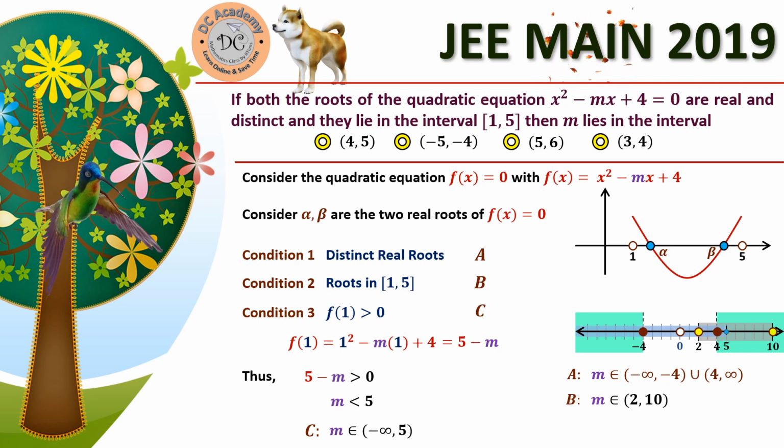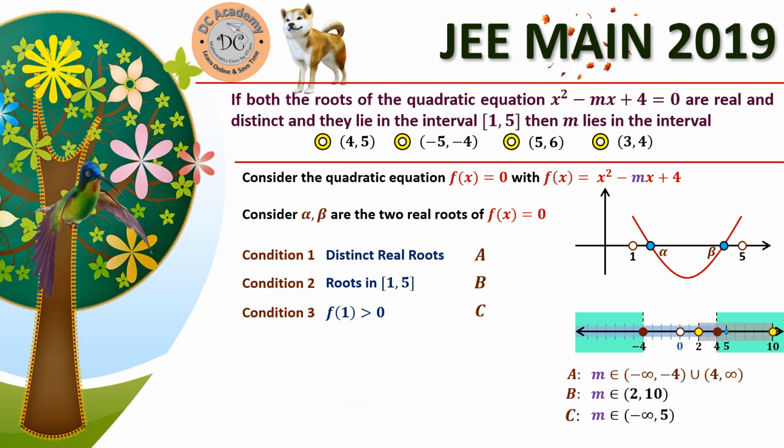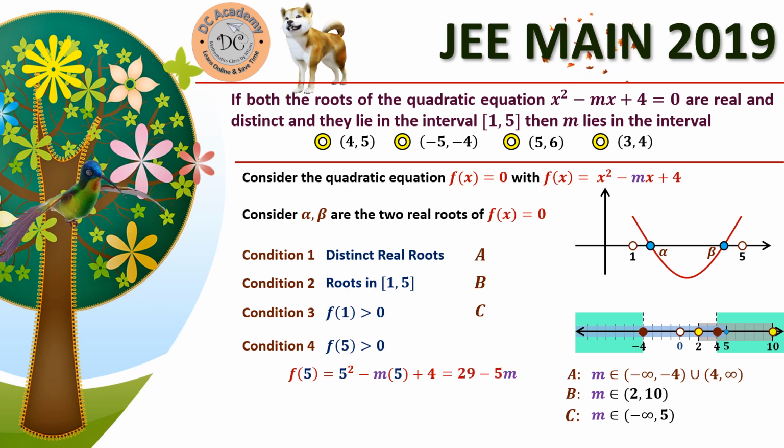Let's go for condition 4. The fourth condition is that f(5) is also greater than 0. Let's calculate f(5), which gives 29 minus 5m. So here also 29 minus 5m is greater than 0.